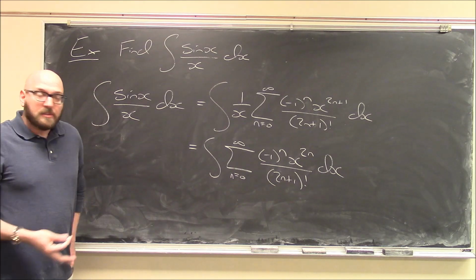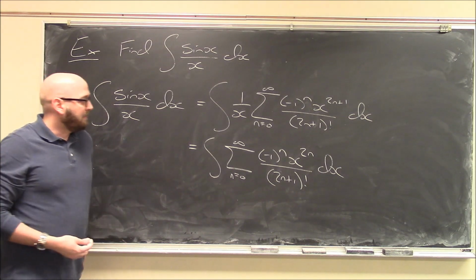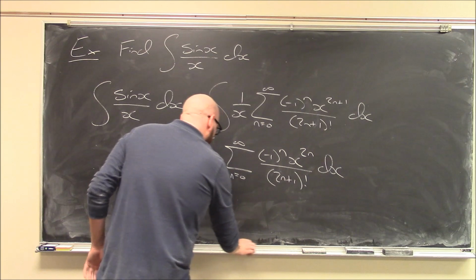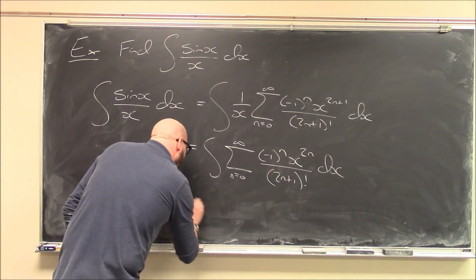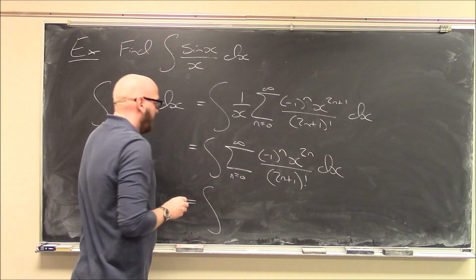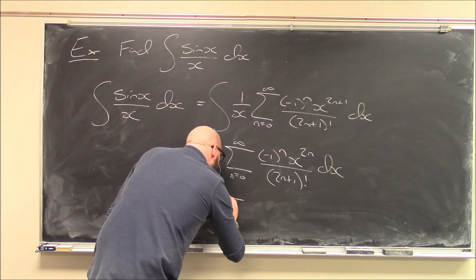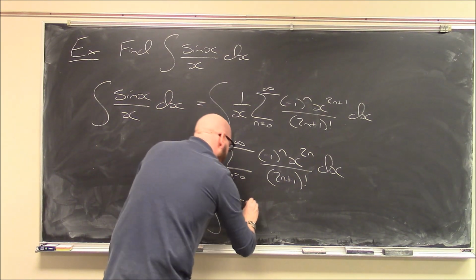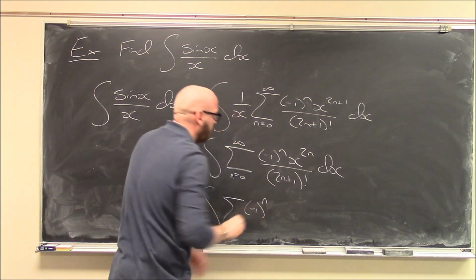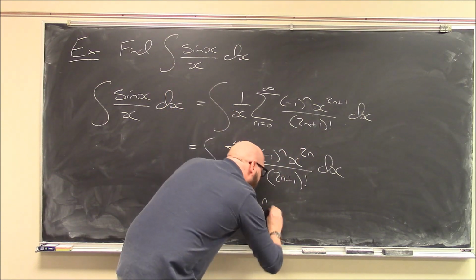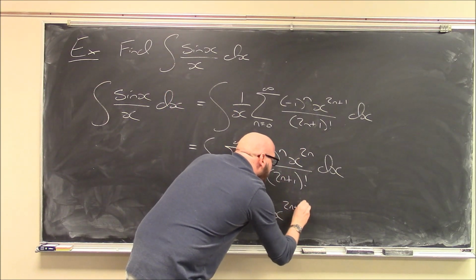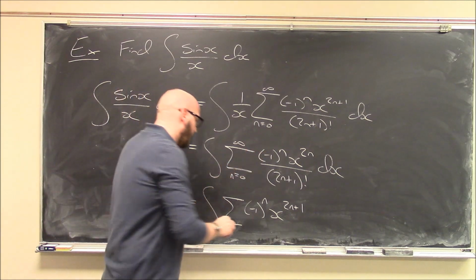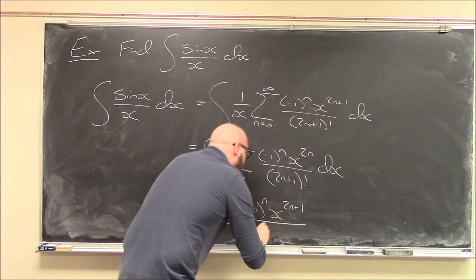The nice thing about power series is you can integrate term by term. So if I integrate this, what do I have? X to the 2n integrates to x to the 2n plus 1. Increase the power by 1, and then divide by the new power.